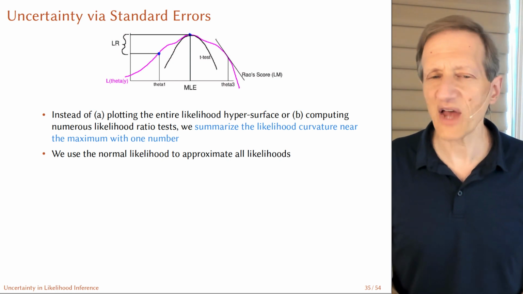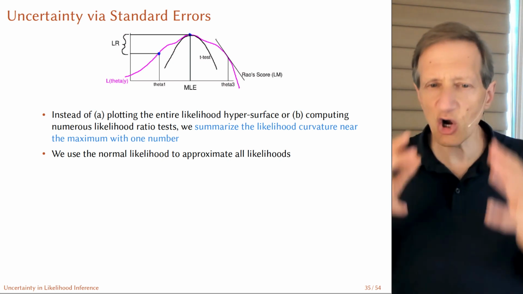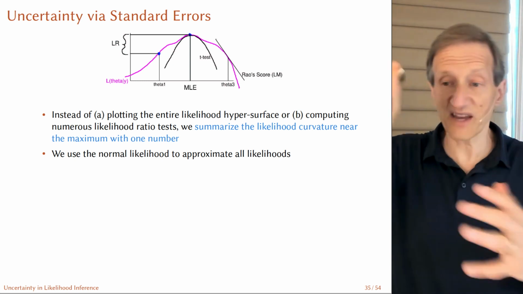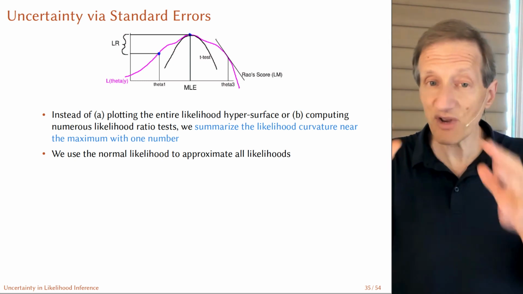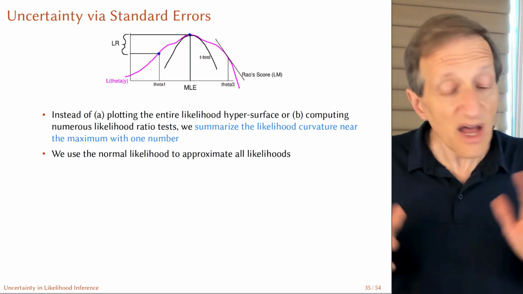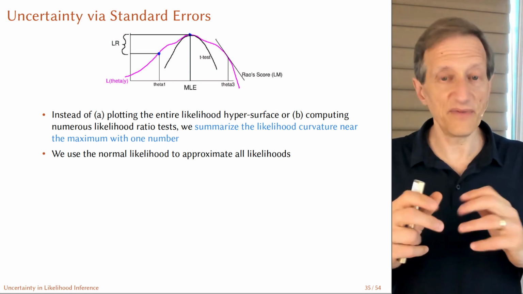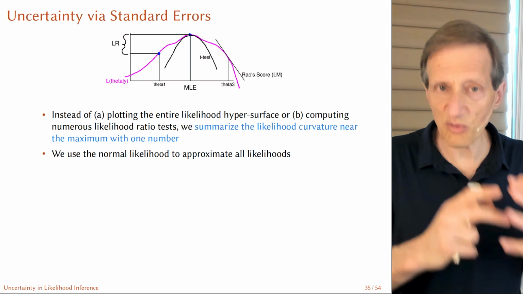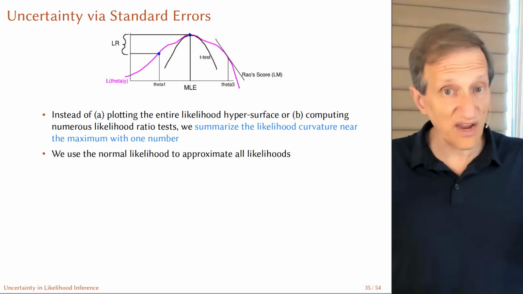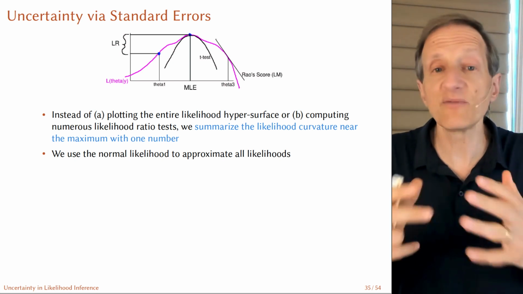All right. So how are we going to do that? How are we going to measure the curvature of an arbitrary function that could look like anything? How are we going to measure that? Okay. So here's how we're going to do it. We're going to use the normal likelihood, not the stylized normal, but the normal likelihood, which has a variance and a mean, to approximate all likelihoods.